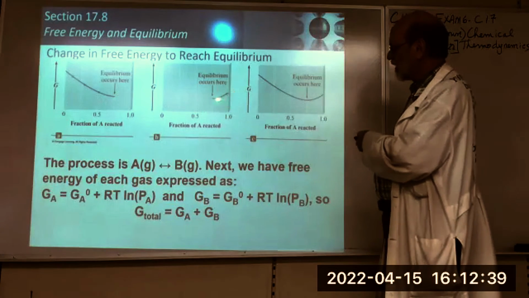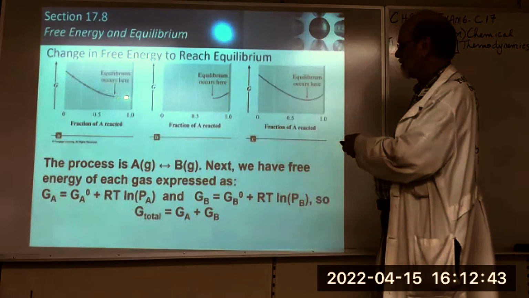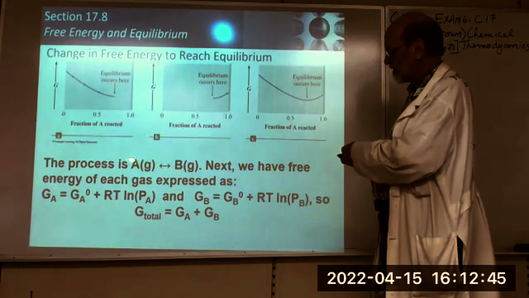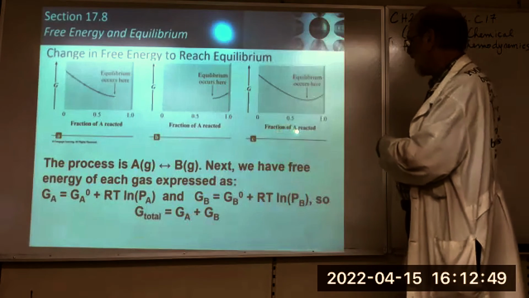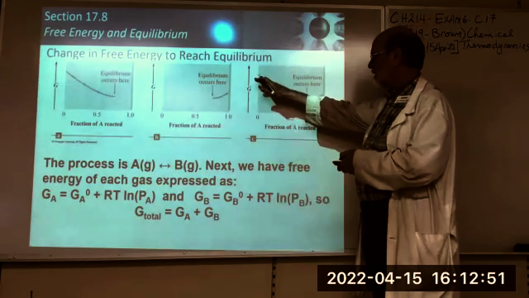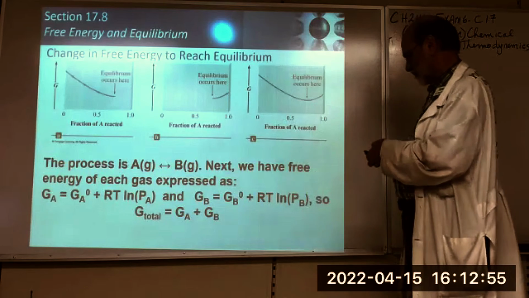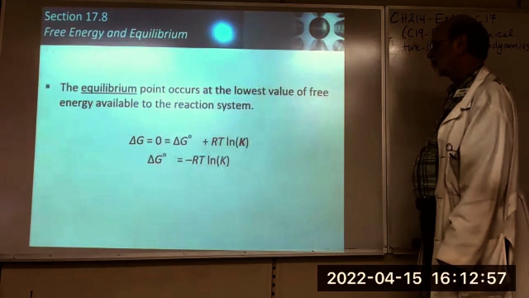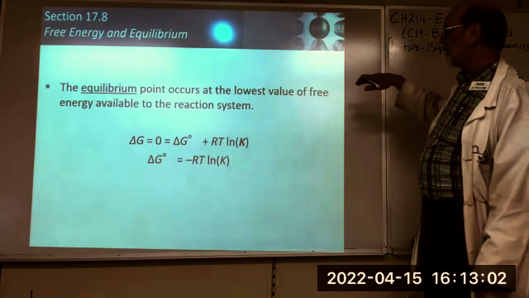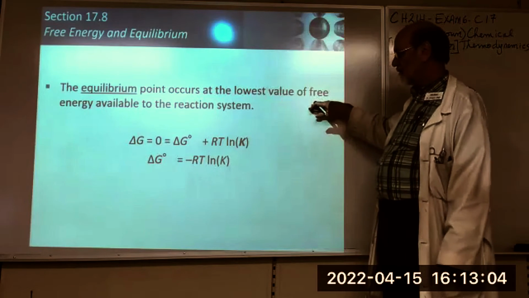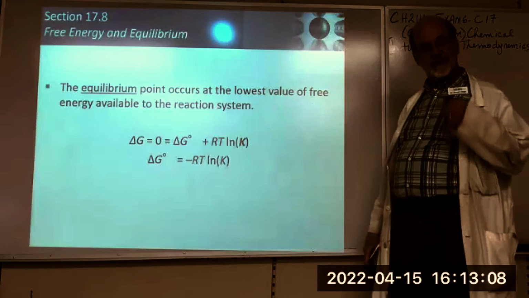So if it's coming from this direction, it's going down that way. If it's coming from this direction, it's going that way. So it depends. Is it going this way or is it going backwards? The fraction of A that's reacted meets in the middle, and at this point we have an equilibrium. The equilibrium point occurs at the lowest value of free energy, and the lowest value of free energy is 0.